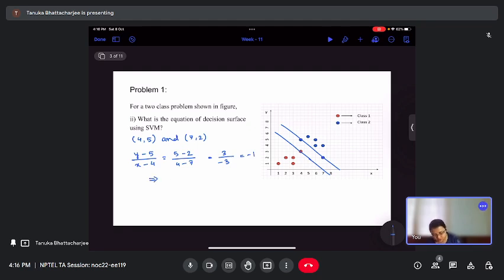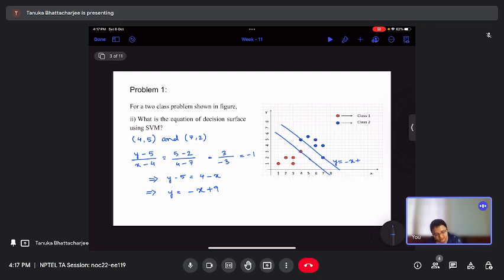That gives you y - 5 = 4 - x, that is y = -x + 9. So, the equation of the boundary of the blue class is y = -x + 9.